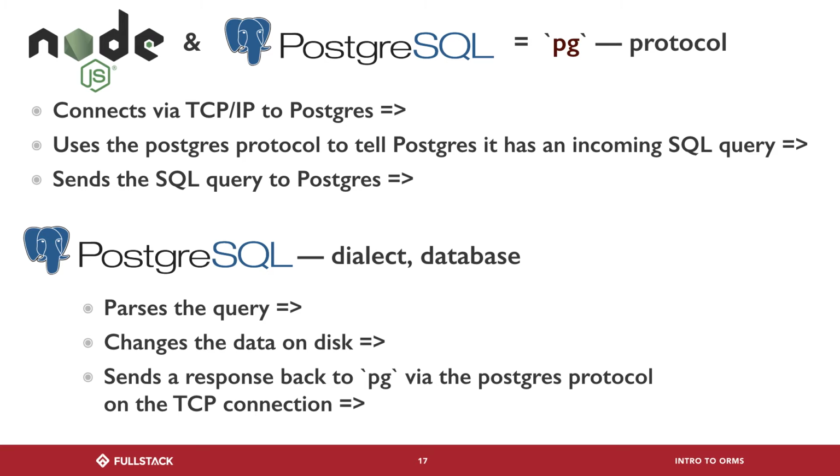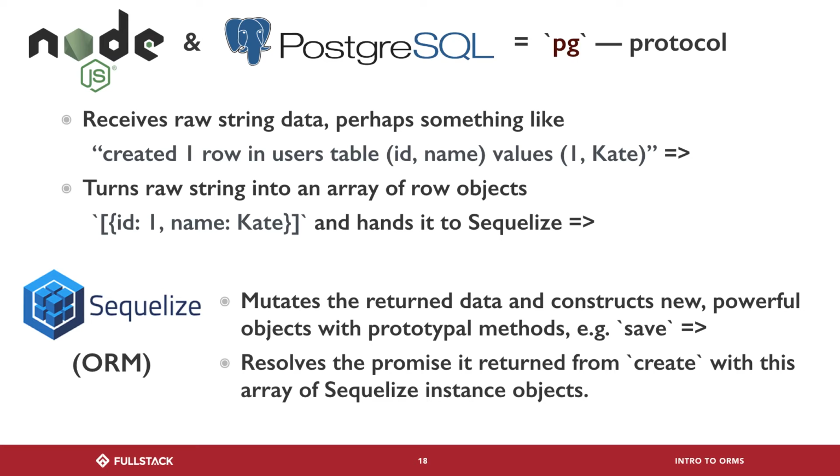It sends it back by the Postgres protocol, which is why we started the Sequelize connection with postgres://, over the TCP connection that PG made. And then we're back in Node with PG, and it receives this raw string, which we already saw it converts to an array for us. A row of objects, yeah.